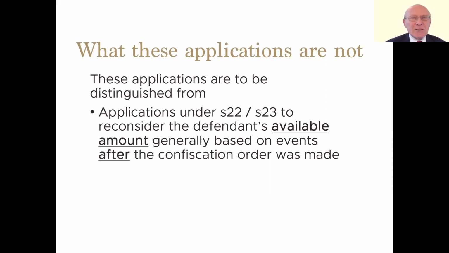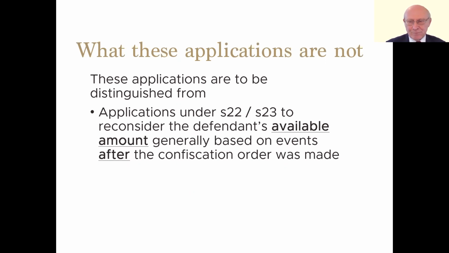And of course, applications under section 22 and section 23 generally are dealing with events that have occurred after the confiscation order has been made. Whereas here, what we're dealing with is information about things that occurred before the confiscation order was made, or before the decision was made not to make a confiscation order, but the prosecutor was not aware of these additional facts at that time.